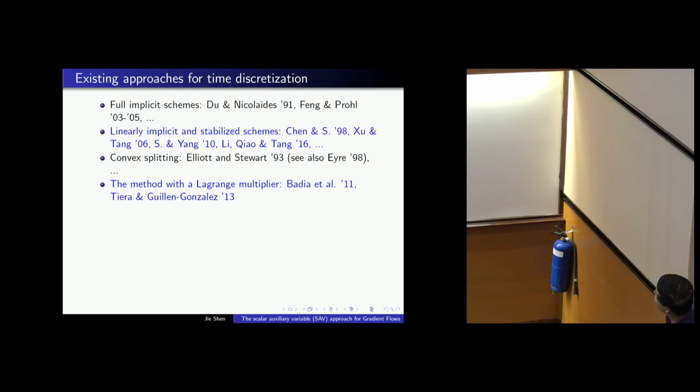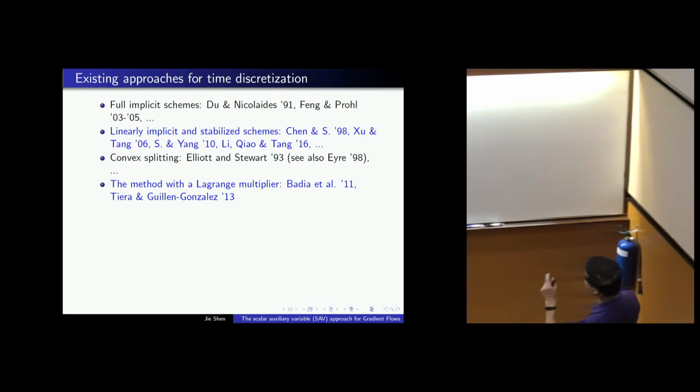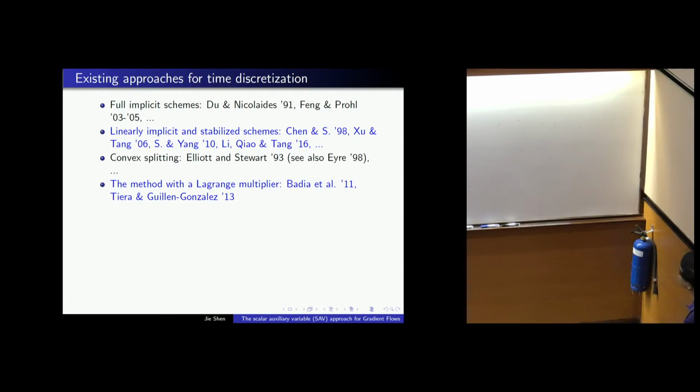Then Xiaobing Feng and Prohl did many nice analyses on this type of scheme, so that the error estimates grow only linearly with respect to the small coefficient eta.